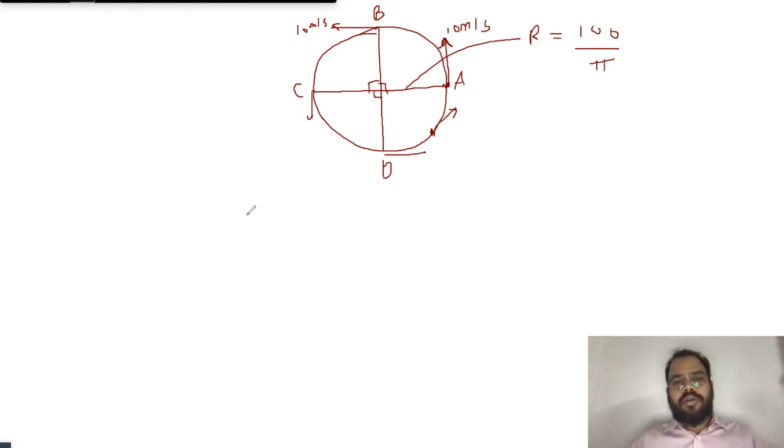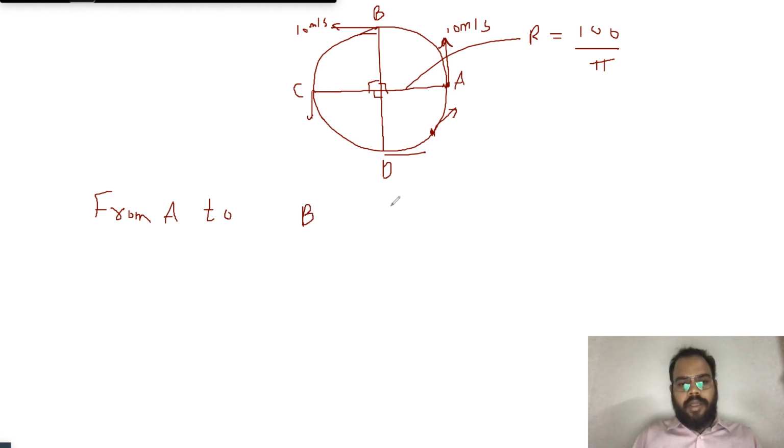Now the question to us is similar. There are four points.